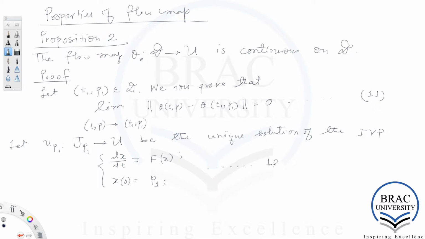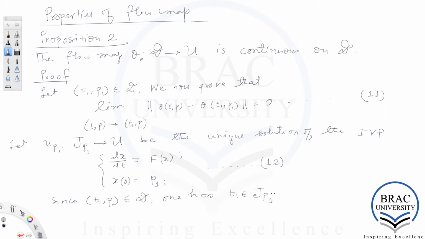This is equation number 12. And this solution is defined over a maximal interval of existence J sub p1. Now since (t1, p1) is in the domain calligraphic D of the flow map, one must have t1 belonging to J sub p1.